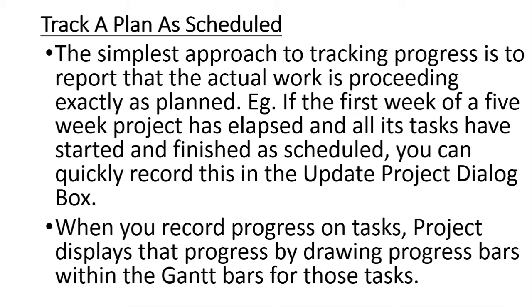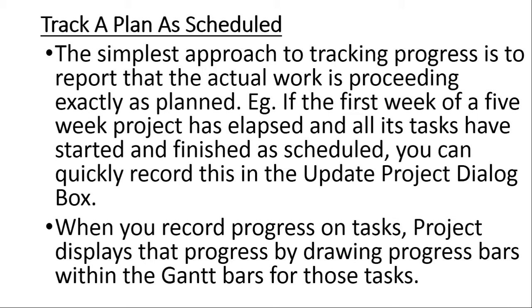For example, if the first week of a 5-week project has elapsed and all its tasks have started and finished as scheduled, you can quickly record this in the update project dialog box. We are going to be looking at this update project dialog box. You can simply indicate that this first week was completed according to plan.